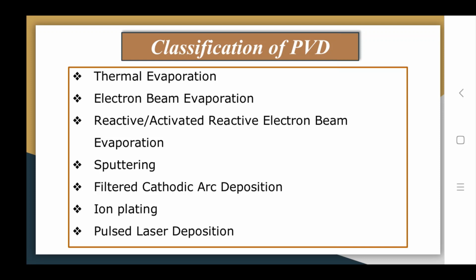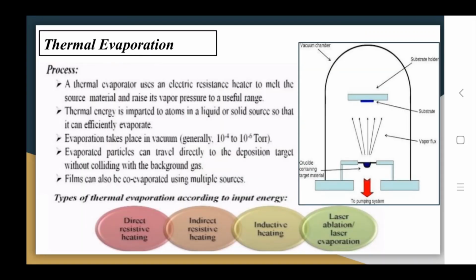So first we will discuss thermal evaporation. What does thermal evaporation mean? From the name itself you can understand that we are giving a certain kind of heat to the source material so that it agitates due to the temperature, or the heating, and then it can release atoms or molecules, and directly those atoms and molecules can go onto the substrate and slowly deposit on top of that substrate.